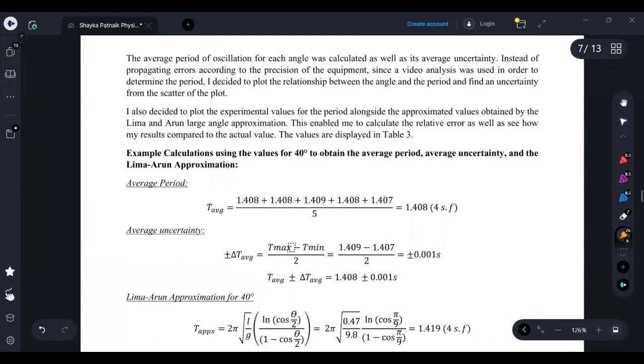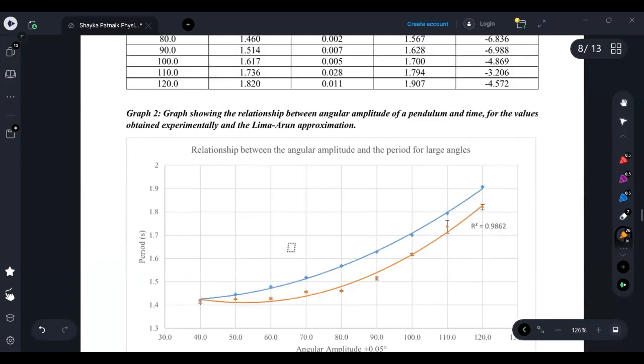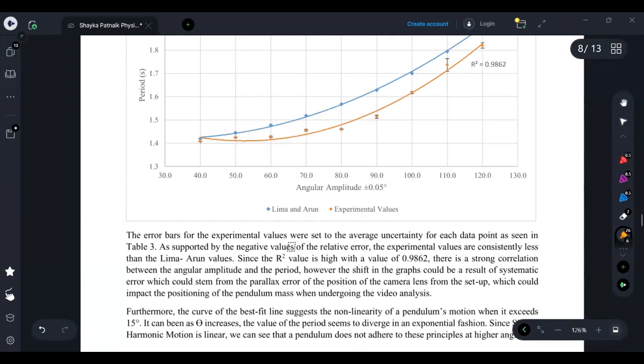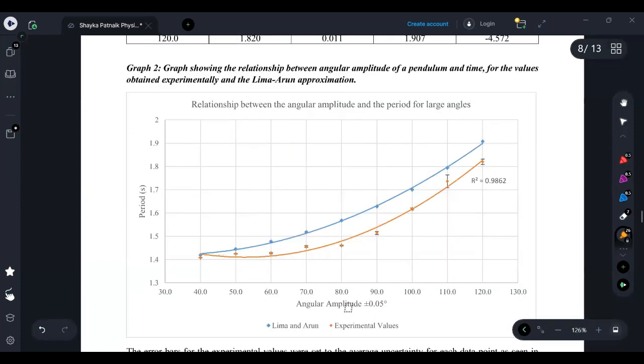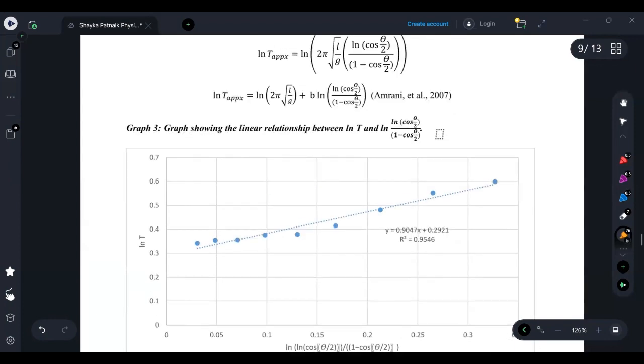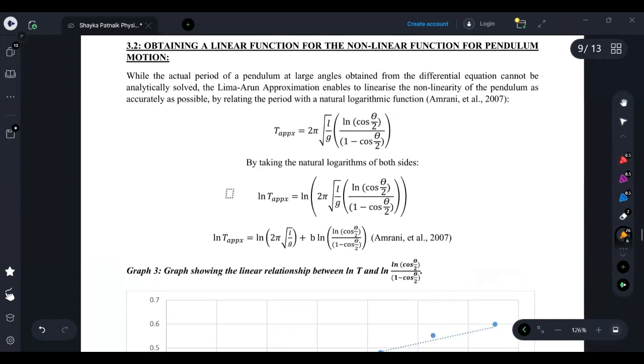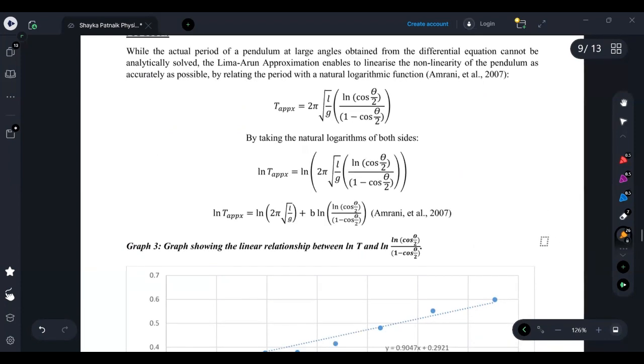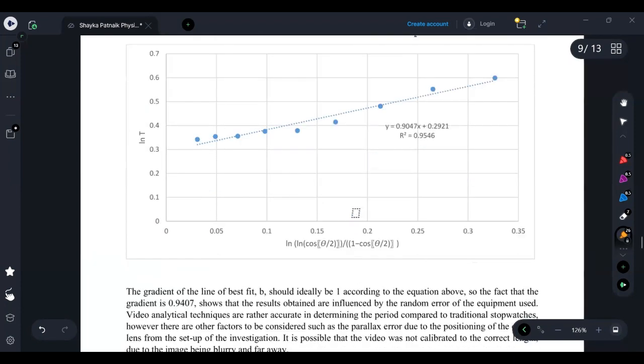So for me, I had 2 graphs. This was my first graph, showing how my angular amplitude and my period varied for both the approximation and my experimental values. And this was my second graph, which was how I linearized my approximation.